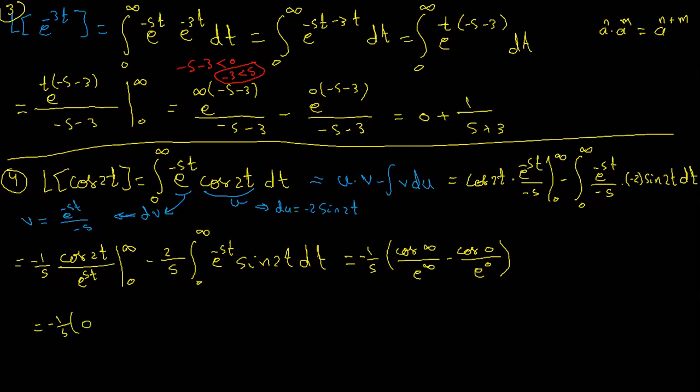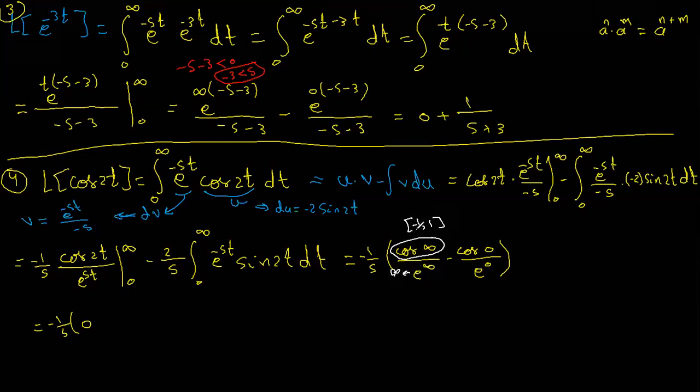Great, Muhammad. Muhammad said, Professor, I know that cosine of infinity is a finite constant in the interval from -1 to 1, but I can't determine which value. Okay. Divided by e to the infinity, this one is infinity.